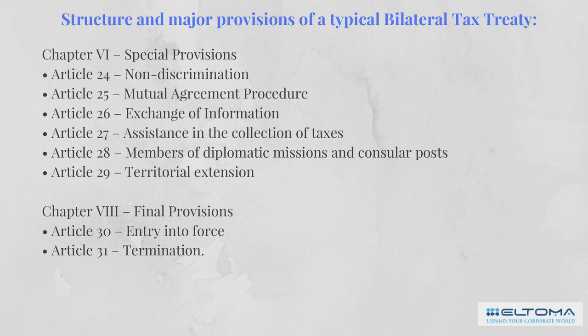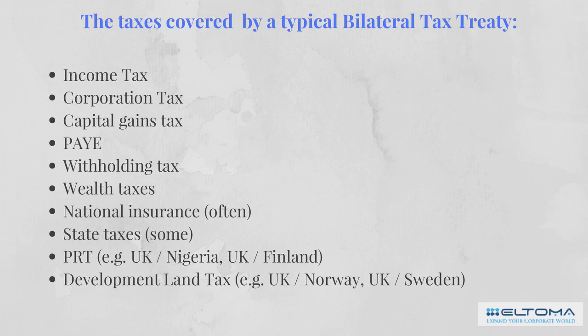Article 28 covers the taxation of members of diplomatic missions and consular posts. And finally, Article 29 covers the territorial extension. Chapter 8 contains the final provisions with regards to the bilateral tax treaties. So what taxes are covered by a typical bilateral tax treaty?